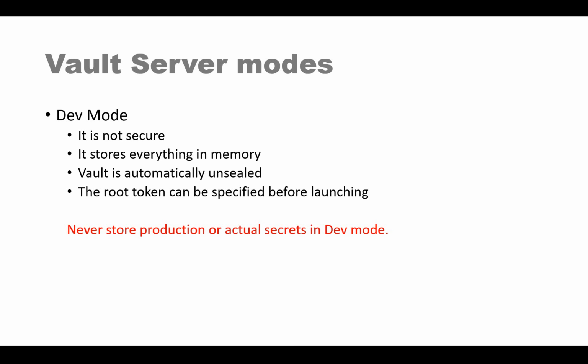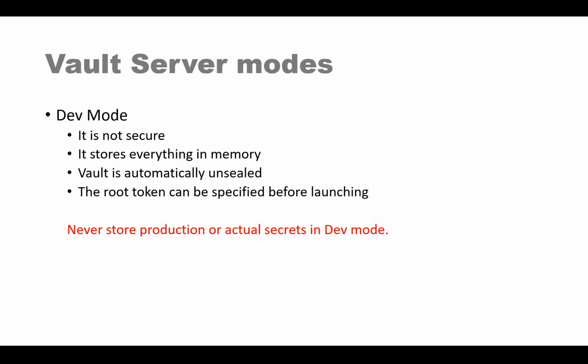It stores in memory and it is also unsealed. You don't have to unseal the Vault once you create it, unlike production mode, where you need to unseal first before you can start using it. And even in dev mode, you can put in a root token, so you can just use that token anytime you want to use it.